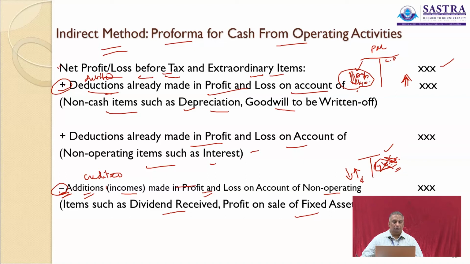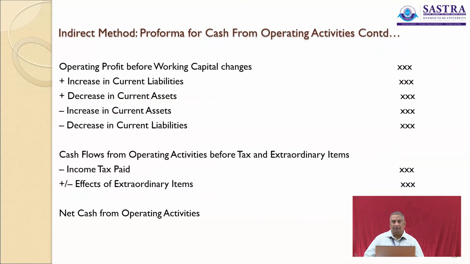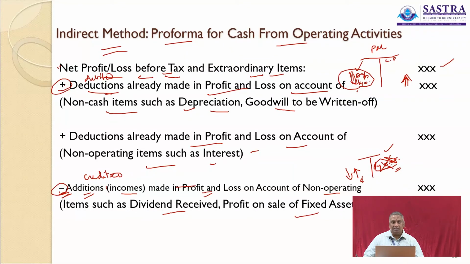This has not been considered in your income statement, means your profit would not have been affected because of these expenses or income. Okay. And once you have done this, you will get cash from operating activities.